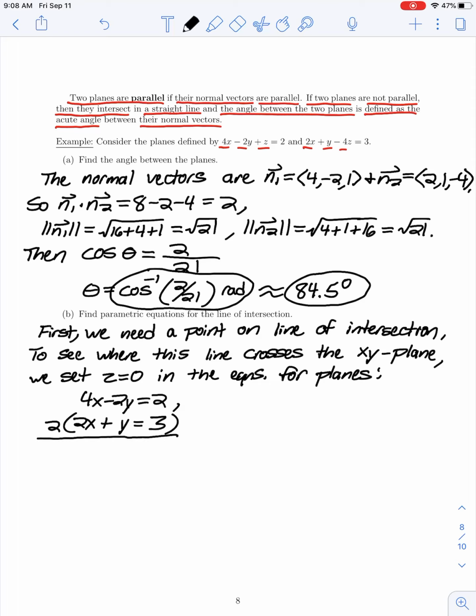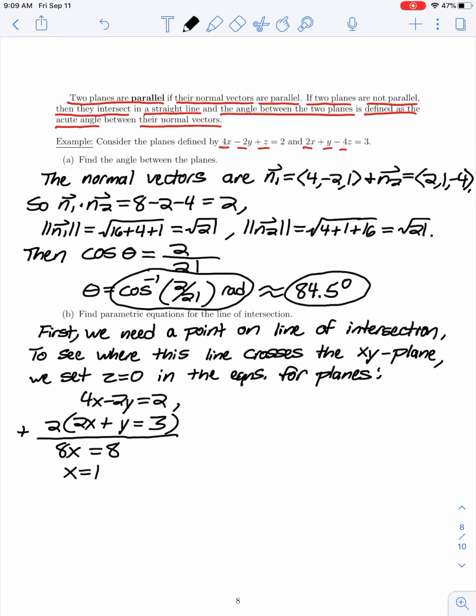And then if I add those equations together, 4x plus 4x would give me 8x, and my negative 2y plus 2y would cancel one another. And that is equal to 2 plus 6, which would be 8. So it follows that x is equal to 1.